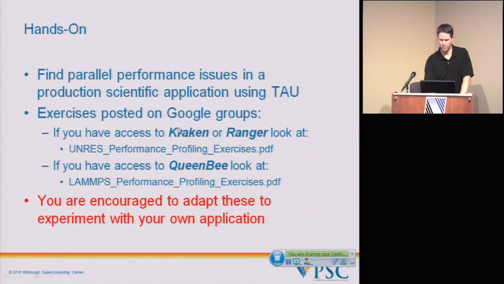But there are performance issues there that you can take a look at. And then on Queen Bee, for technical reasons, we've got this other code to look at, which is LAMMPS, which is another molecular dynamics code, which I'm going to tell you a little bit more about later, because there are some cool things going on with that relate to what we're talking about this summer school.